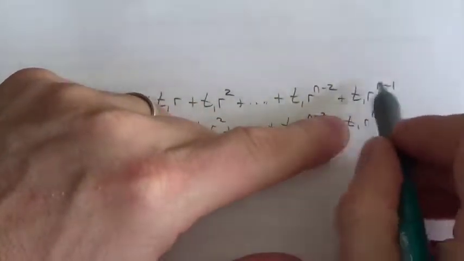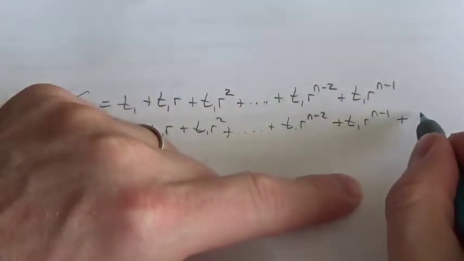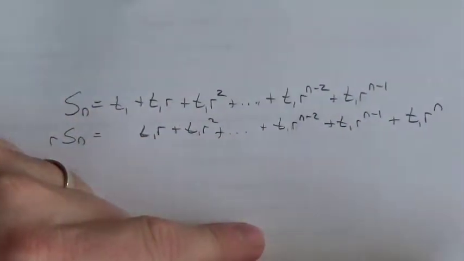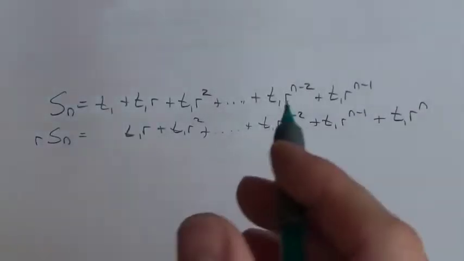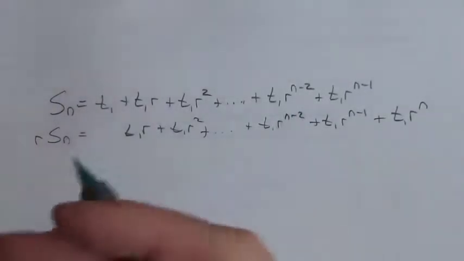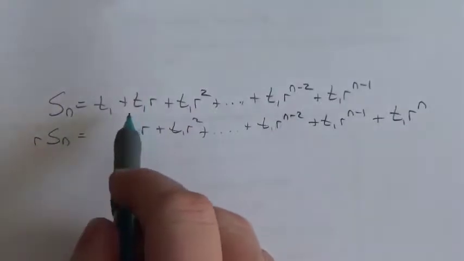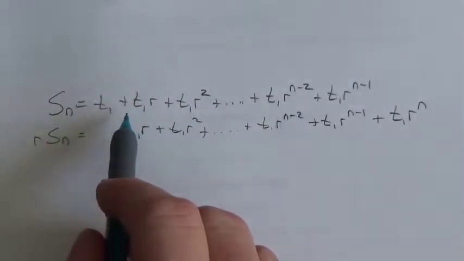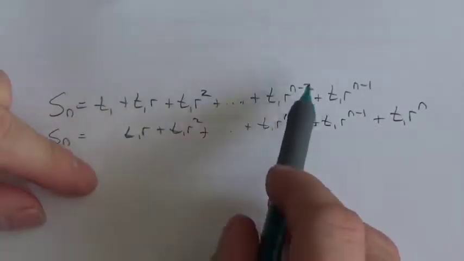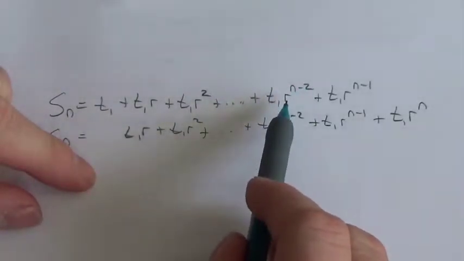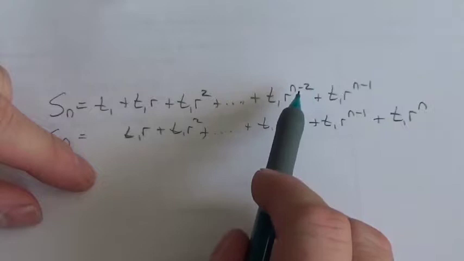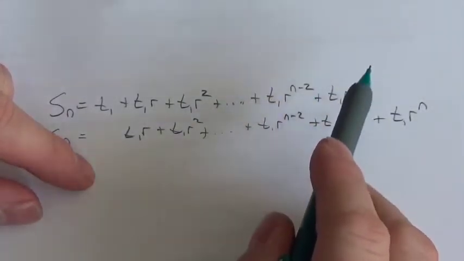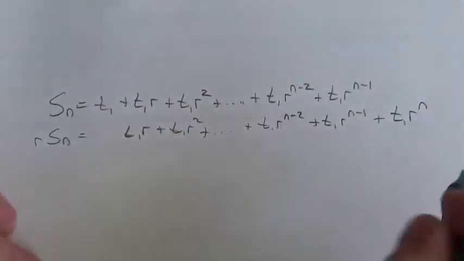And then when I multiply t1 r to the n minus 1 by r, I get t1 r to the n. If you're having a hard time figuring out what I just did there, just think about it: every time I multiply by r, I add 1 to the exponent. So n minus 2, if you multiply by r, n minus 2 plus 1 becomes n minus 1. n minus 1 plus 1 becomes n.